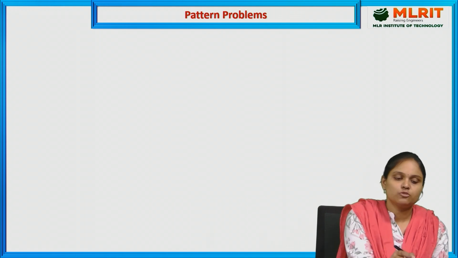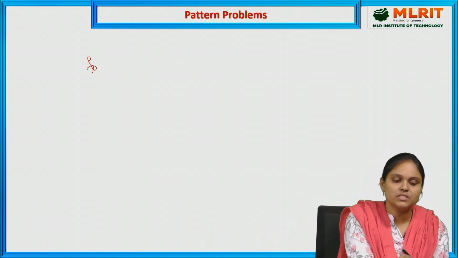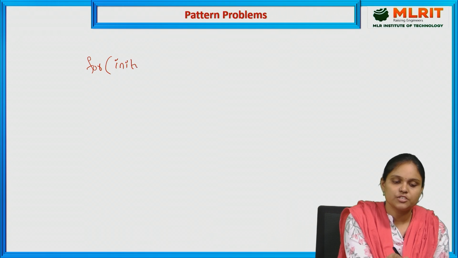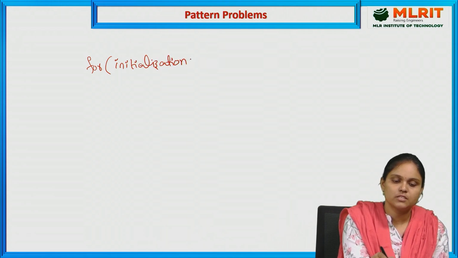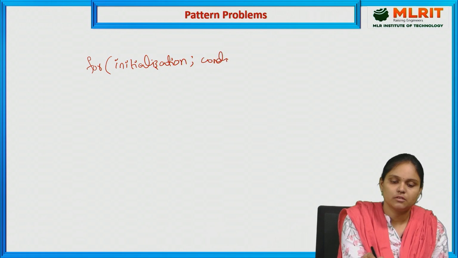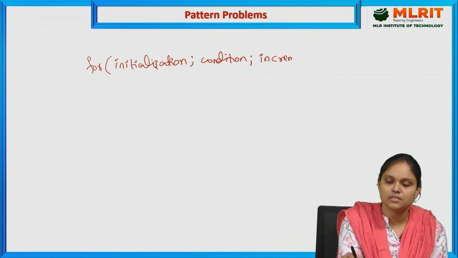The syntax, the functioning of this nested for loop, is: for initialization, and the next condition, and next the modification of loop variables, that is an increment or decrement.